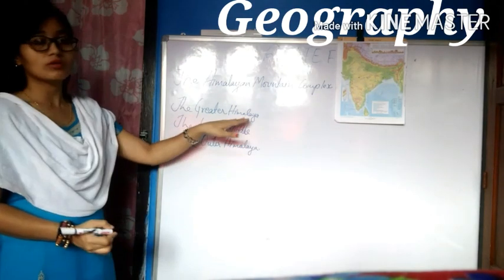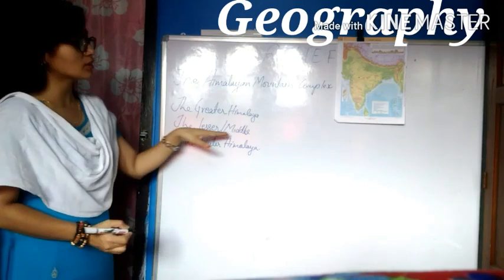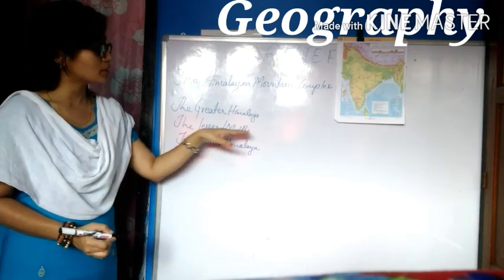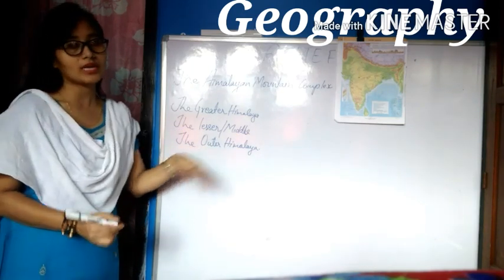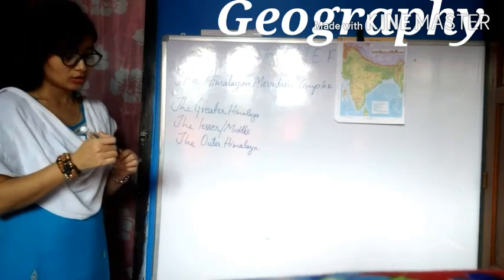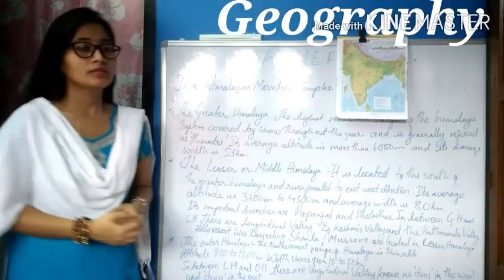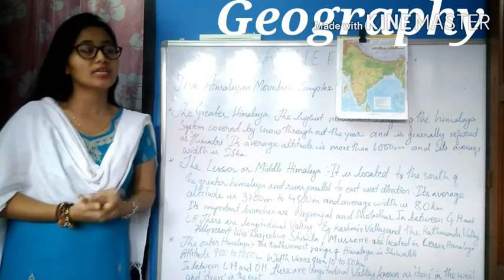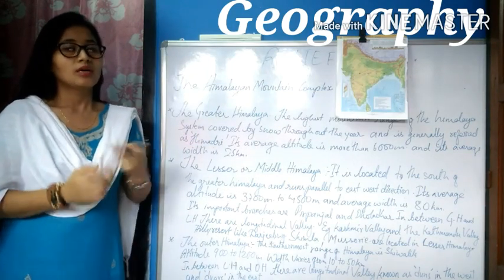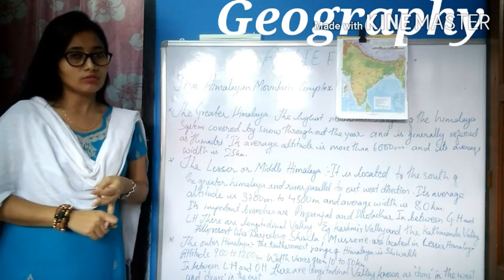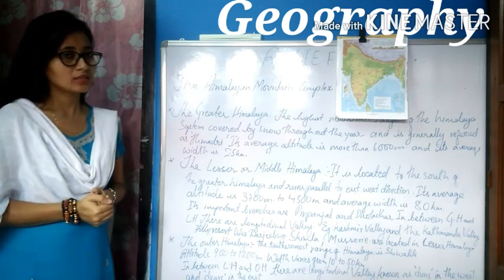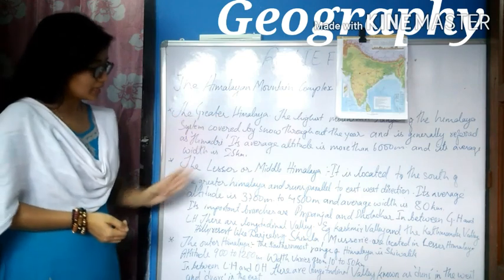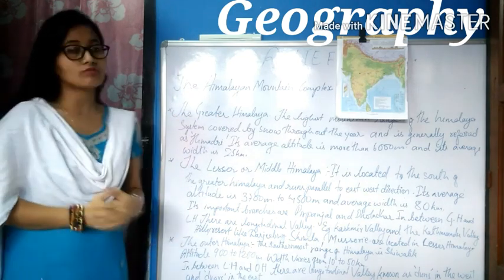The Himalayan mountain complex is divided into 3 ranges of mountains according to altitude or height: the Greater Himalaya, the Lesser Himalaya, and the Outer Himalaya. Let us go through them one by one.